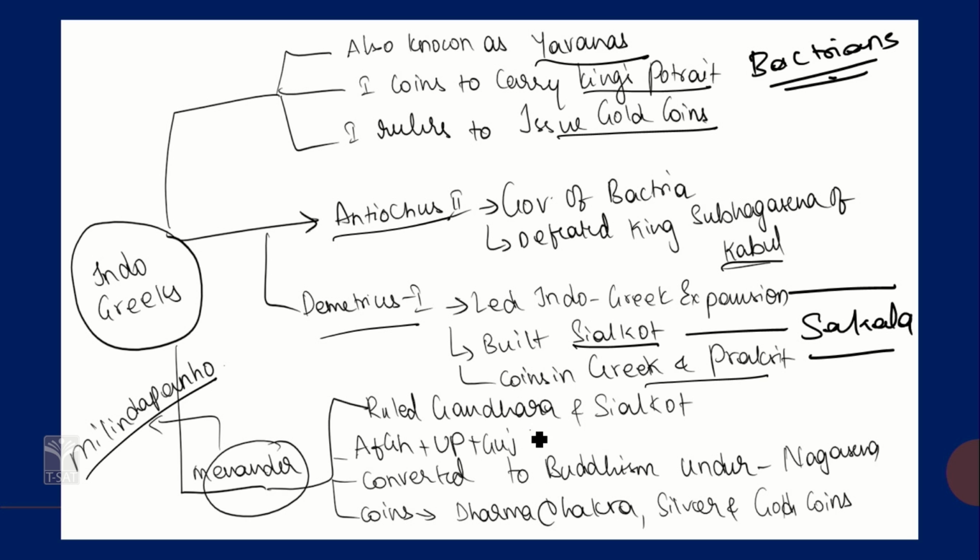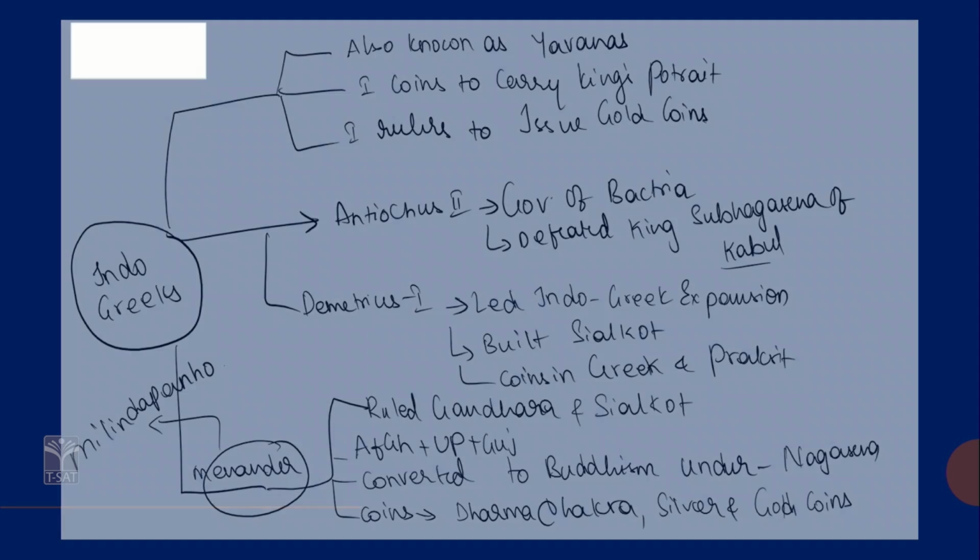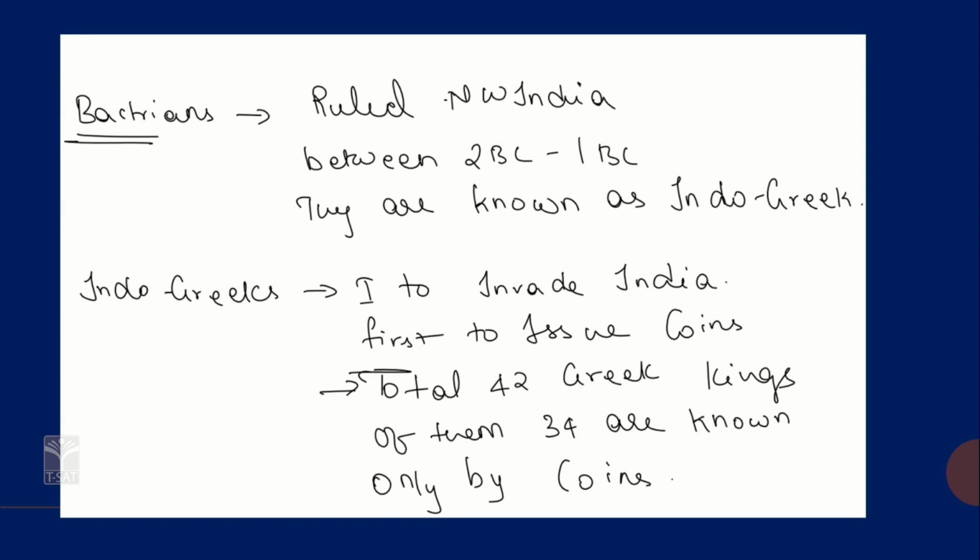Now, Menander ruled Gandhara and Sakala. He had control over the regions of Afghanistan, Uttar Pradesh and Gujarat. He eventually converted to Buddhism under Nagasena, a Buddhist monk, and he issued coins with symbols of Dharmachakra, silver and gold coins extensively were issued by him.